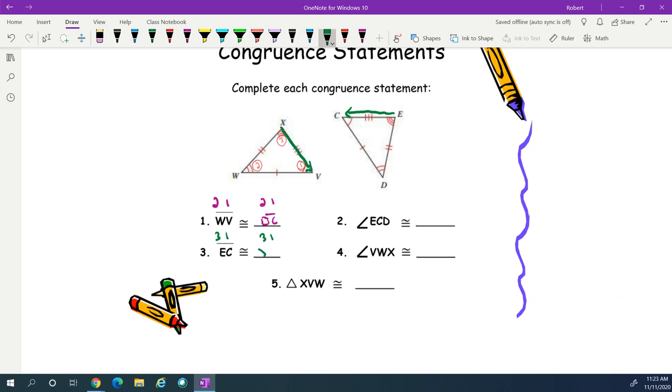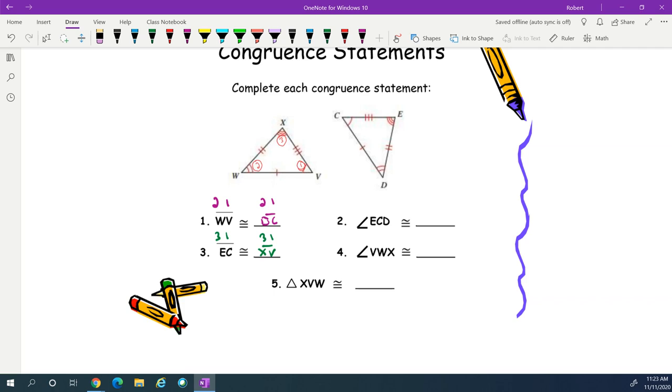So it has to be XV. Corner 3 to corner 1. Angle 3 to angle 1. Notice it's the same side. The side mark 3. But we have to put the letters in the correct order. We could call these something like a directed segment because we care about the direction. We start at this corner and go to that corner.